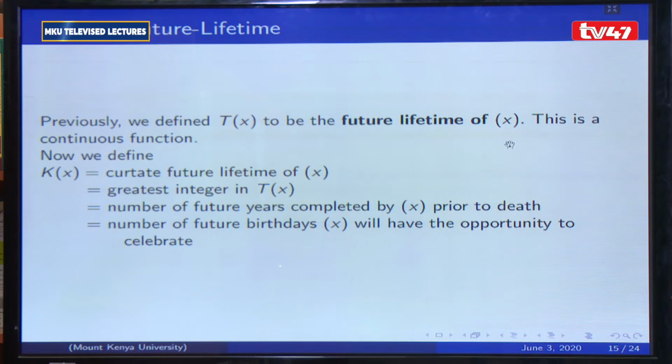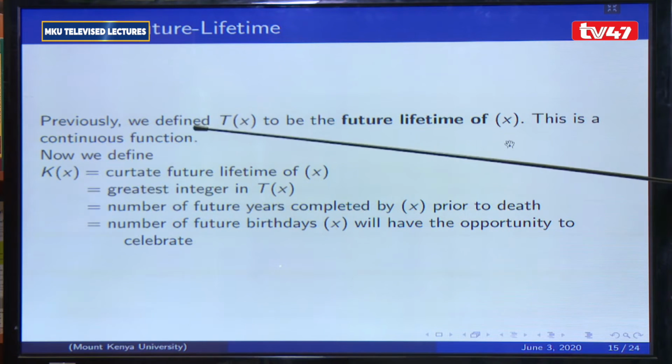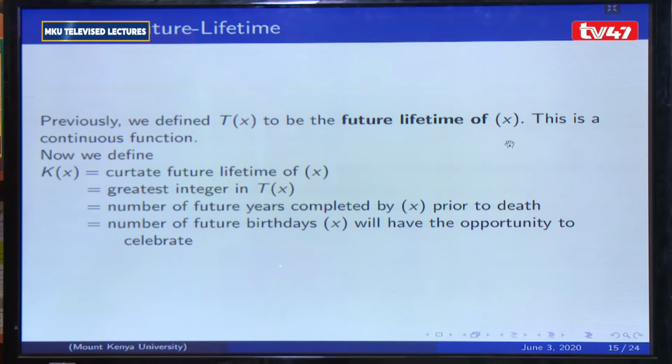Then there is what we refer to as the curtate future lifetime, or the curtate expectation of life. And the curtate expectation of life is simply the whole number part of the complete expectation of life. So if a certain life lives to 20 and a half or 20.375 years, the whole number part of that particular life, which is 20, is what we are referring to as the curtate expectation of life.